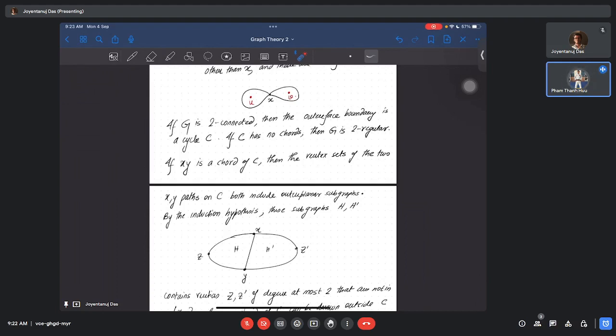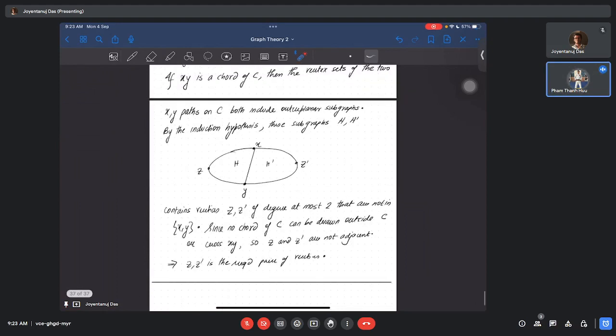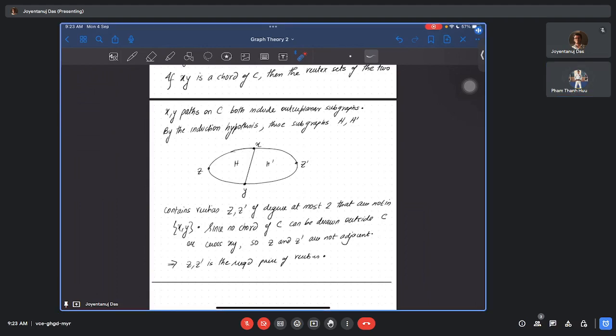Ah, okay, that's it, in induction. Not in H_Y, since no chord can be drawn outside. No chord can be drawn outside because that will contradict the outerplanar property, right?